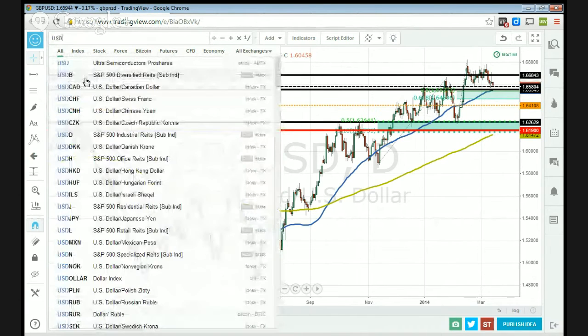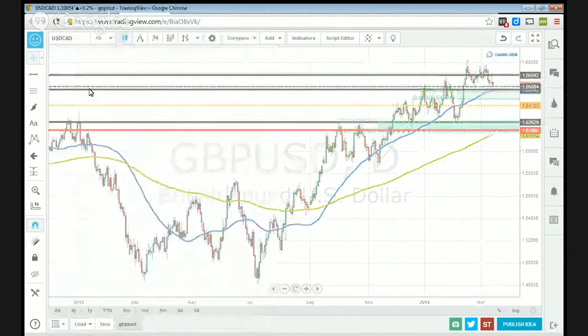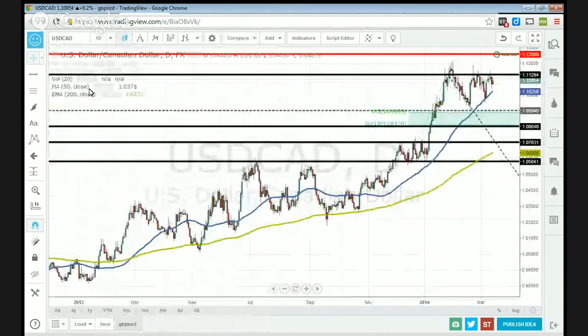U.S. dollar. Dollar Canada. Yeah, this still looks like it's going to short, so it still looks to me like the Canadian dollar is getting ready to rally, although maybe not against the yen.